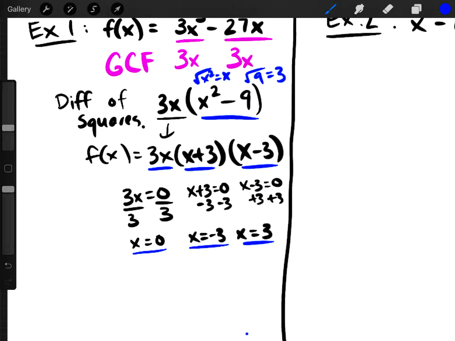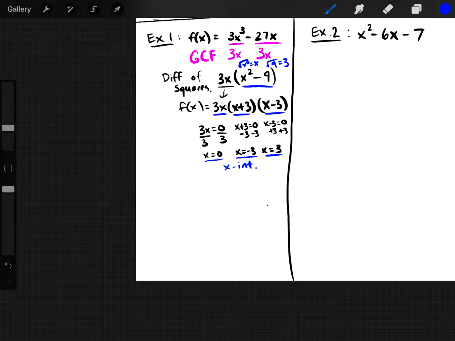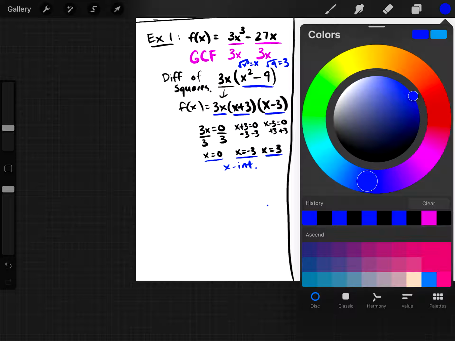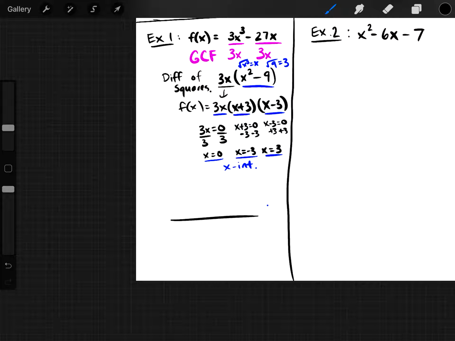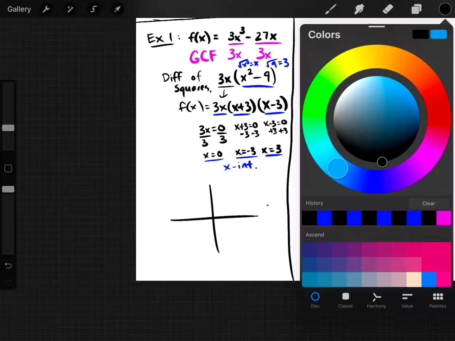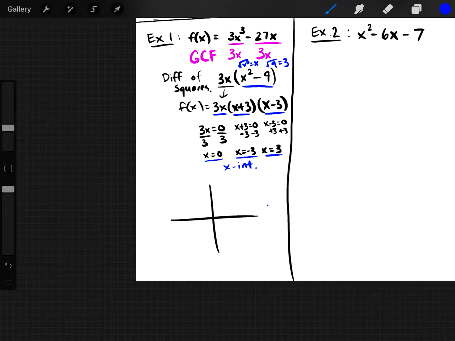Those are our x-intercepts. We're not going to do a graph again, I'm saying that right now. But if we did have to do a graph, we now have x-intercepts at 0, at 3, and over here at negative 3. That's where our x-intercepts are.